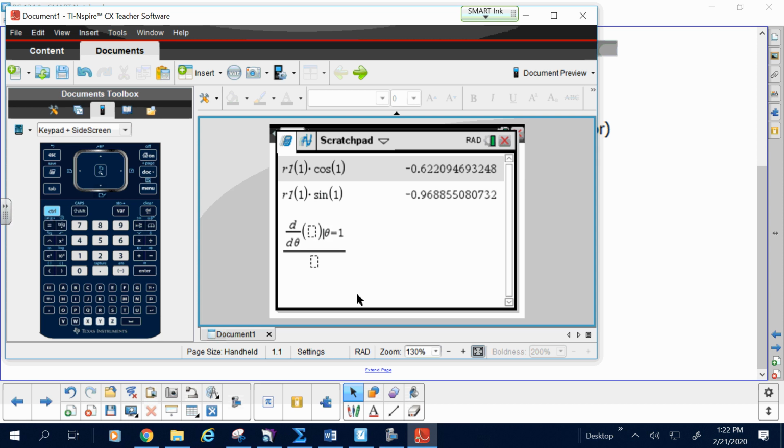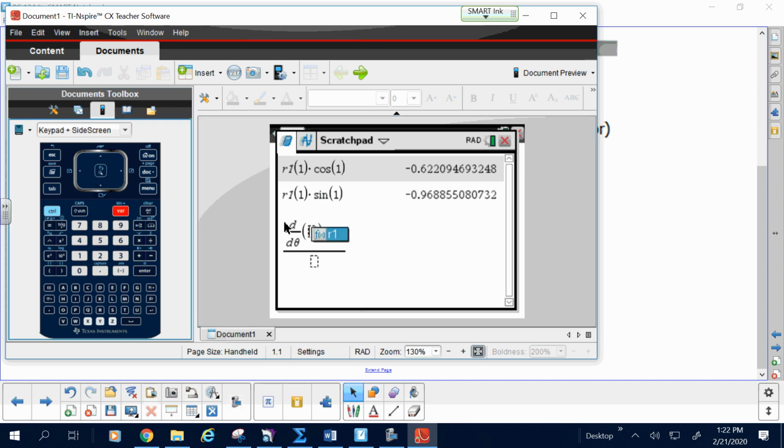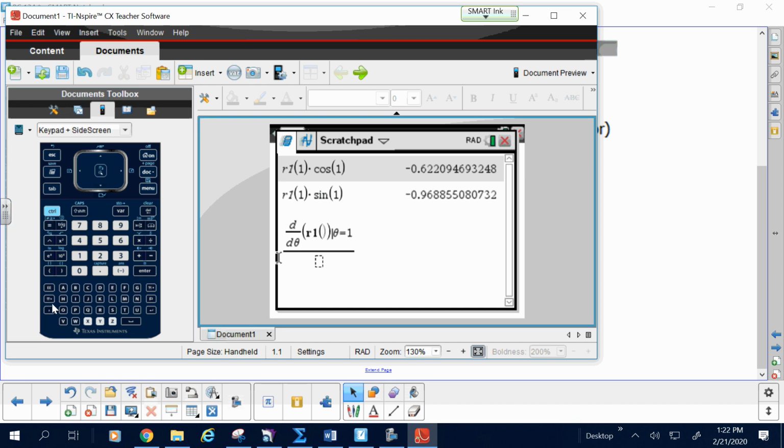R sine. Why R sine? dy dx. Okay, so R at 1, sine of 1, or R of theta, sine of theta? If I do R of 1, sine of 1, and take the derivative, what will I get? 0. That's a constant derivative. So, okay, theta, sine of theta.